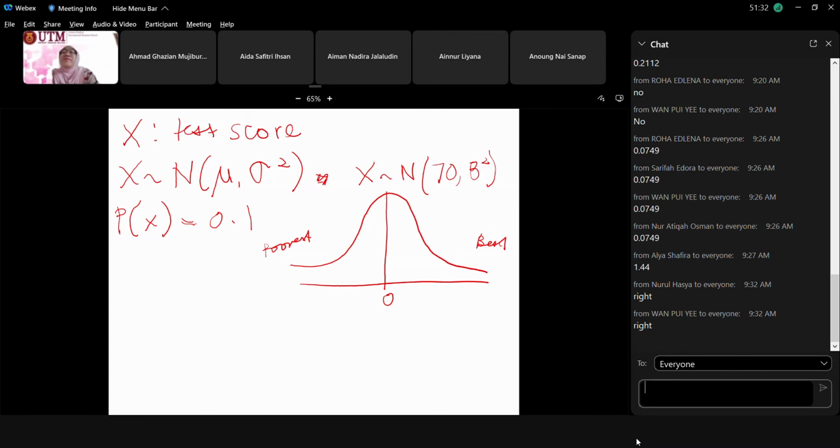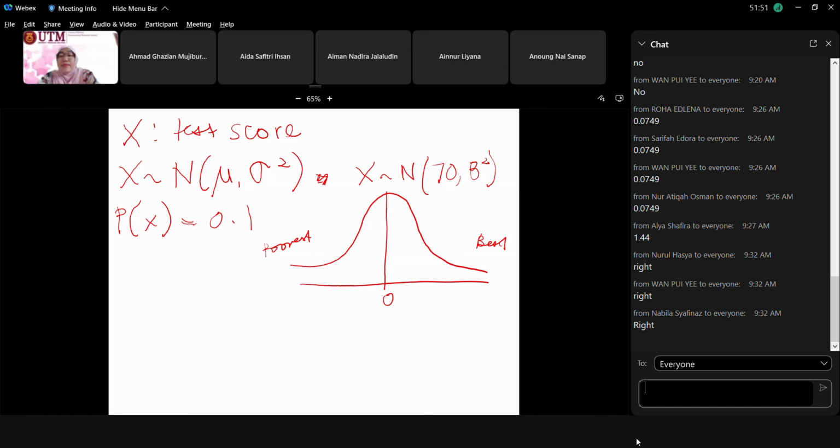Okay. Why is it on the right, Puyi? Can you tell me, Puyi? Yes, doctor. Why did you say it should be on the right?